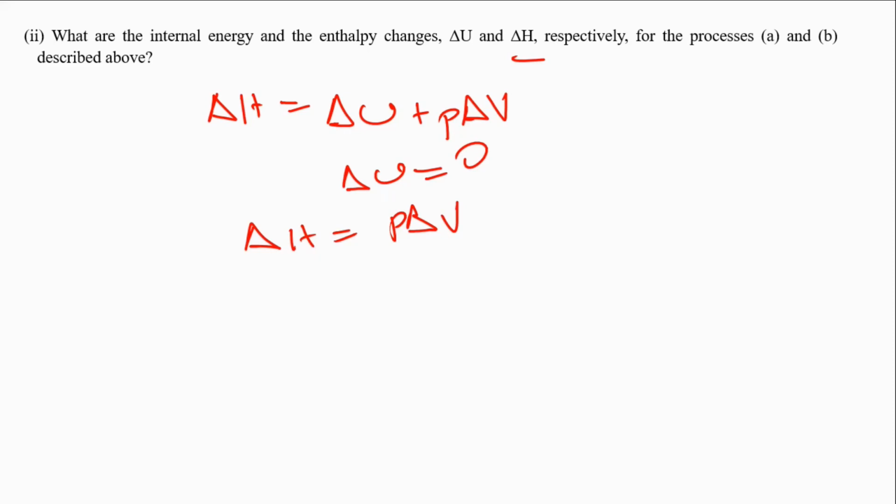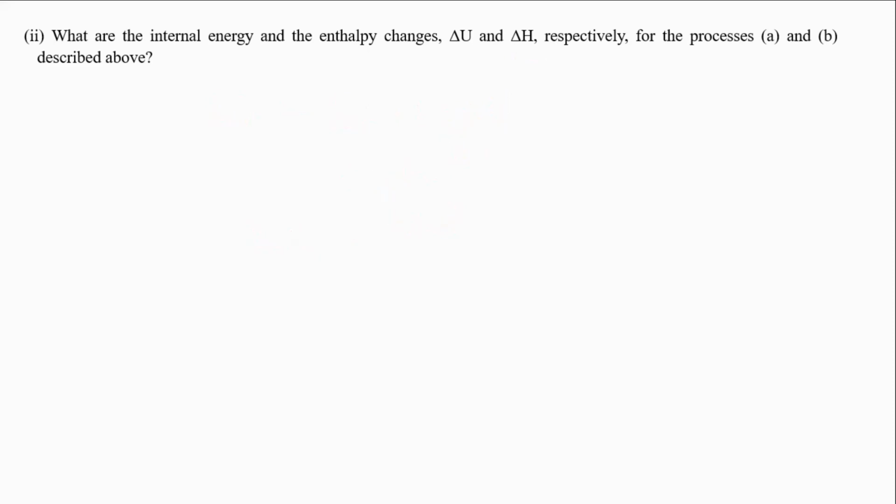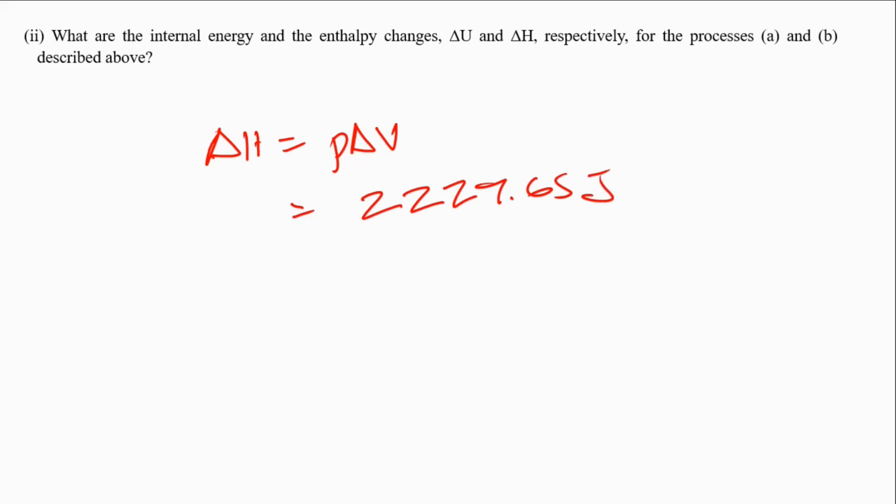Right away, I can tell you that delta H is equal to P delta V, which then is equal to 2229.65 joules for both cases. How did I arrive at this?